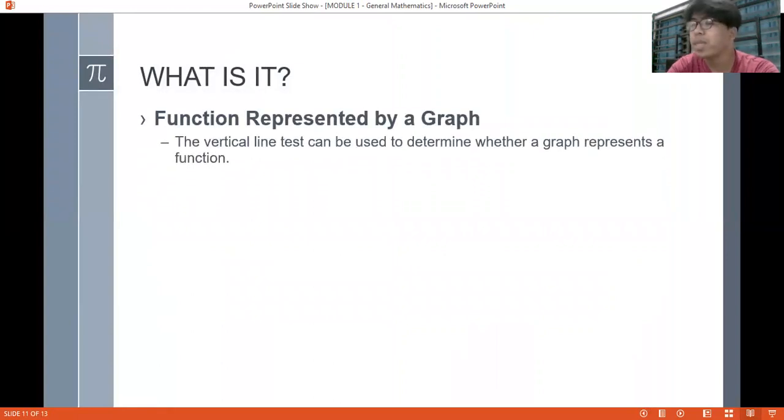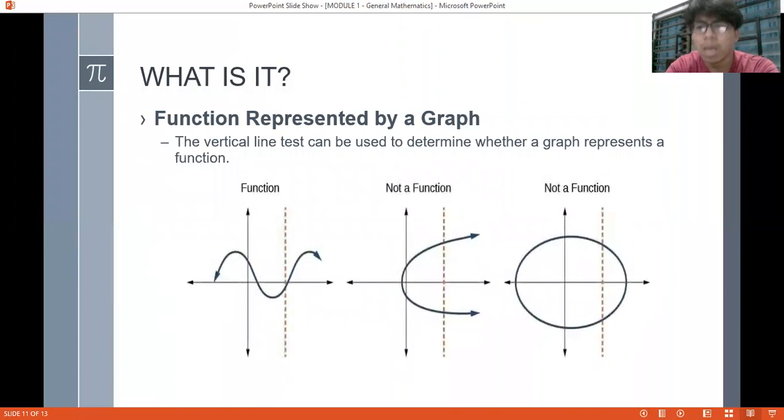A function can be represented by a graph. The vertical line test can be used to determine whether a graph represents a function. How come? Okay, let us observe the following graphs. In the first graph, we call it a function.